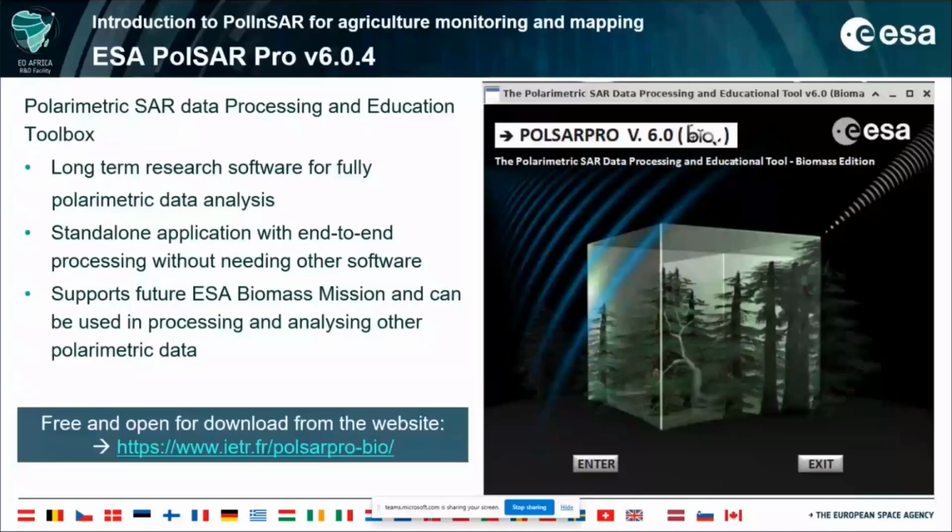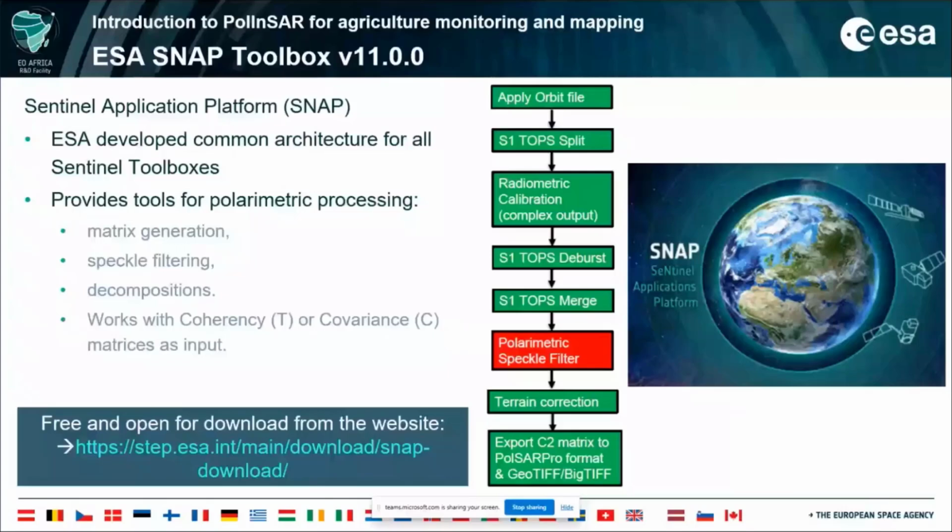Another one is the ESA SNAP toolbox, which stands for Sentinel Application Platform, but it supports not only Sentinel products like Sentinel-1, but also other sensors, both optical and microwave.